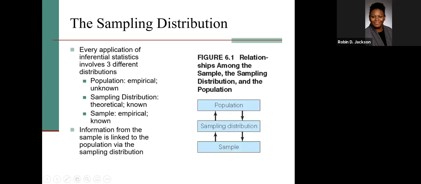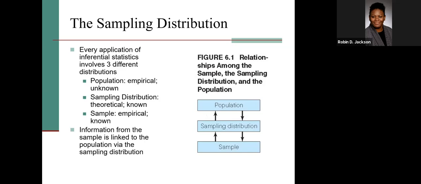Okay, so what this particular slide coincides with is the three distributions used in inferential statistics. And this is on page 150 of your course textbook. It goes into detail about the three distributions: the population distribution, the sampling distribution, and then the sample distribution.